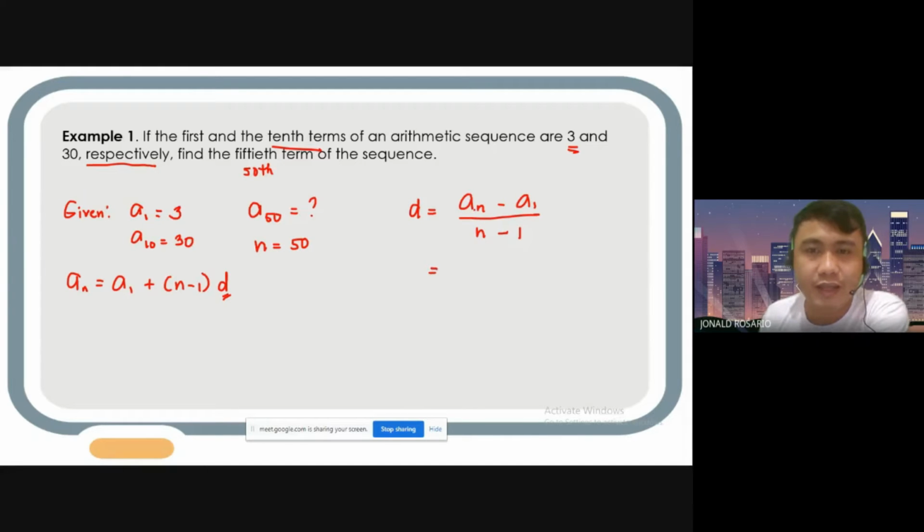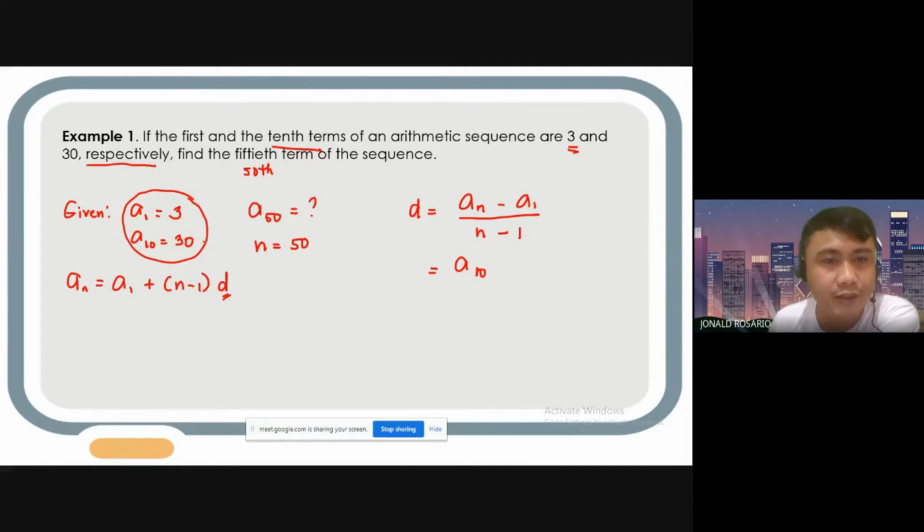In this case, a sub n is a sub 10, since we're looking for the common difference, so we use those two terms. It doesn't mean that n is 50 for all parts of the problem; in this case, our n is 10.